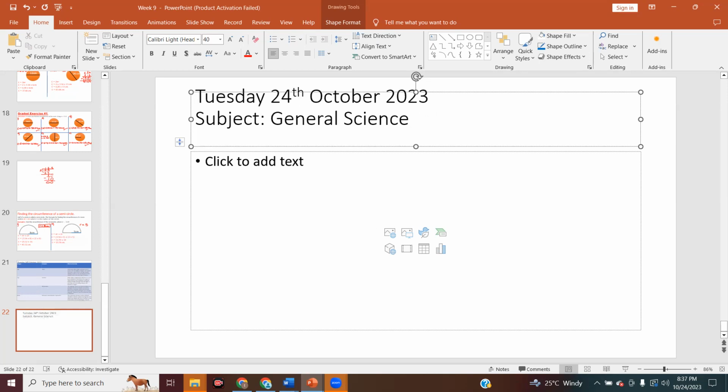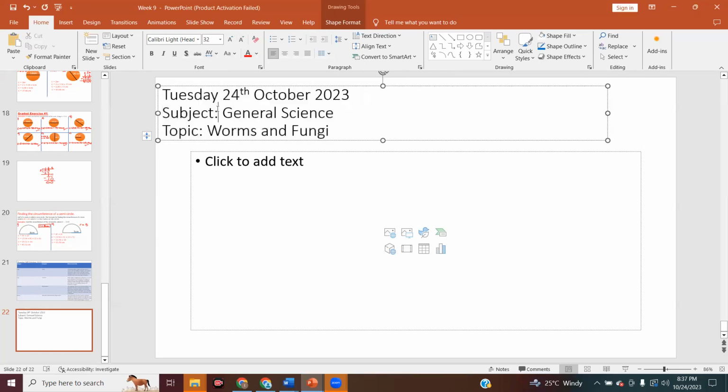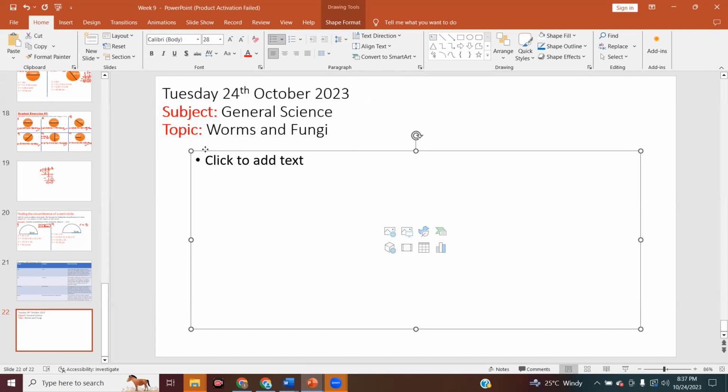And the topic is we're going to end with worms, and then we're going to do worms and fungi. So we're going to end off our discussion of invertebrates tonight. Let's look at some examples of worms.